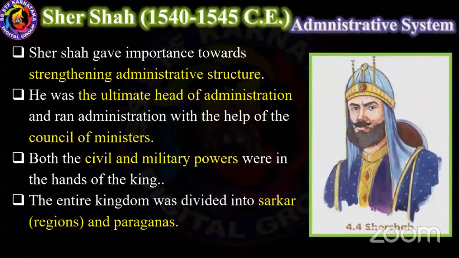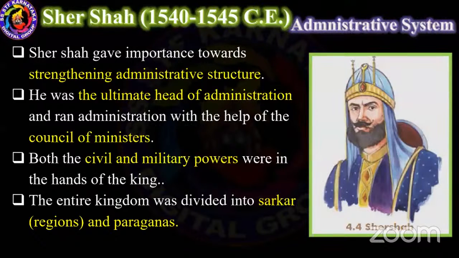And the entire kingdom was divided into Sarkars and Paraganas. Nowadays also, the entire India and the state of Karnataka have been divided into administrative divisions like states and districts. Like that, he divided the entire kingdom into Sarkars, and the Sarkars were further divided into Paraganas.